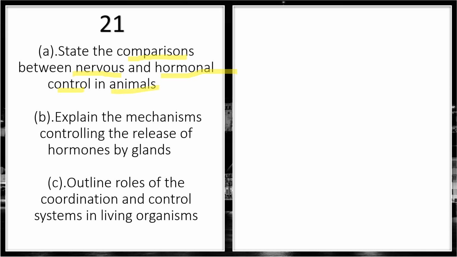Part B. Explain the mechanism controlling the release of hormones by glands. Part C. Outline roles of coordination and control system in living organisms.